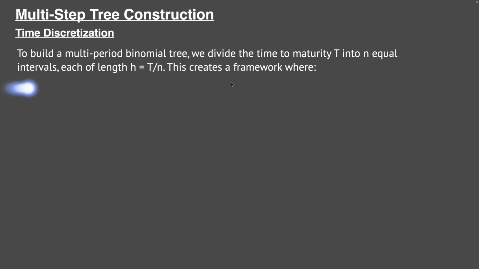This creates a framework where smaller step sizes lead to greater accuracy, because the smaller the step size, the more calculation you do, and you move towards the continuous Black-Scholes model, which is a continuous process of calculating the option price.